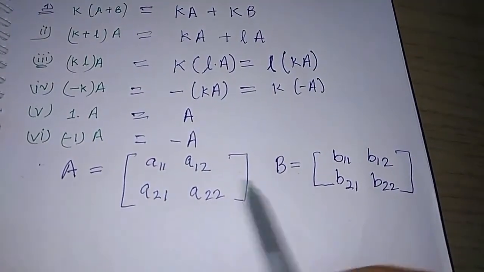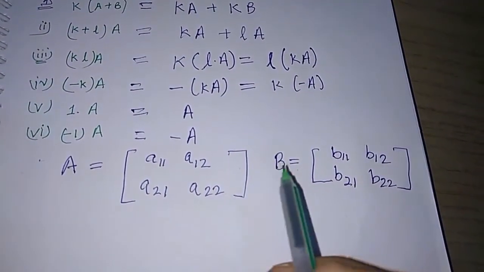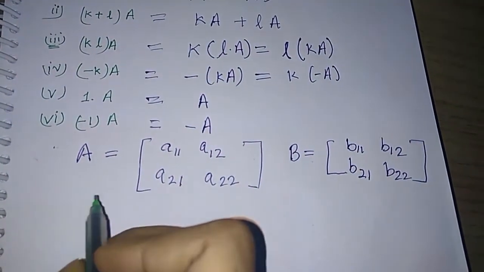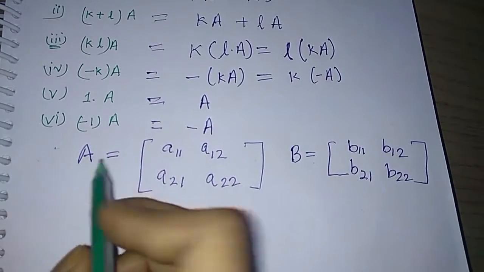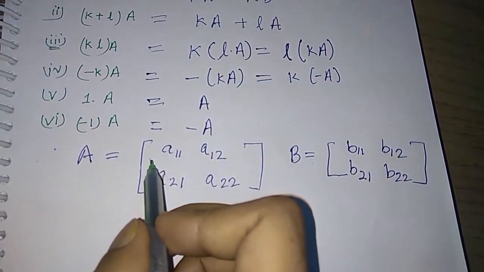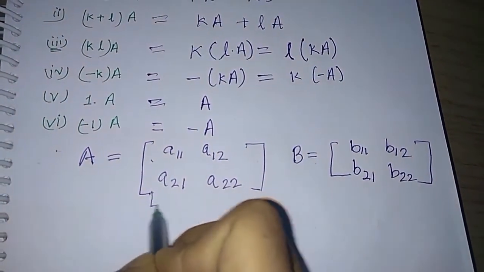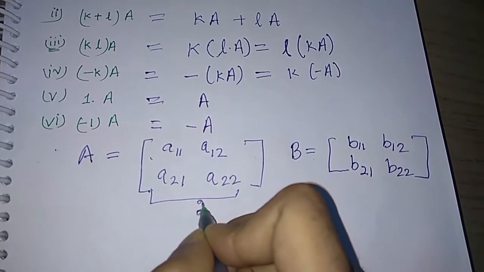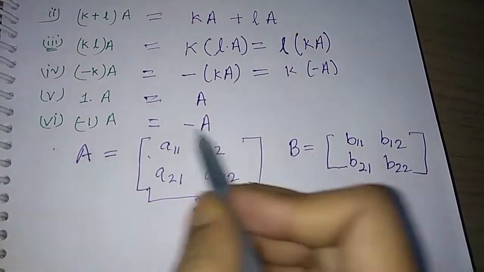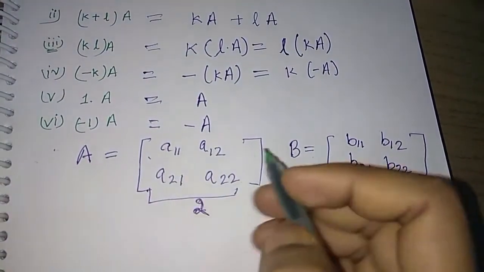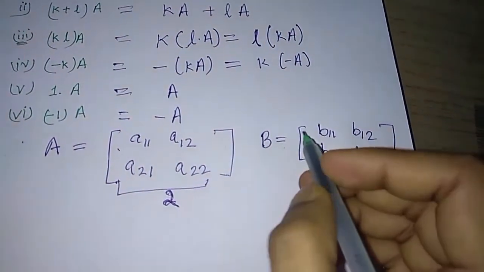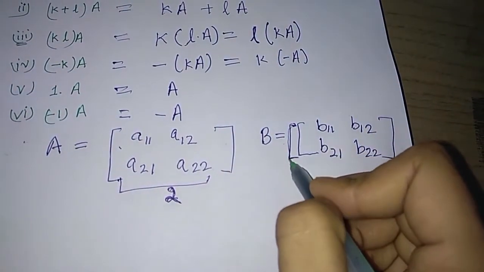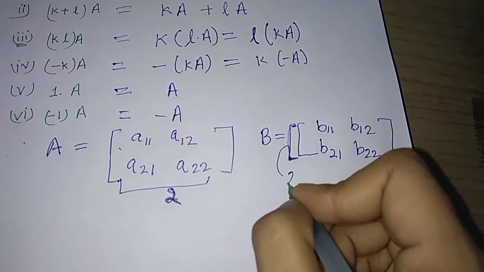Before multiplying any matrix, you should be aware that to multiply any matrix, the condition should be satisfied: the number of columns of the pre-multiplier, that is here 2, should be equal to the number of rows of the post-multiplier, that is here 2.